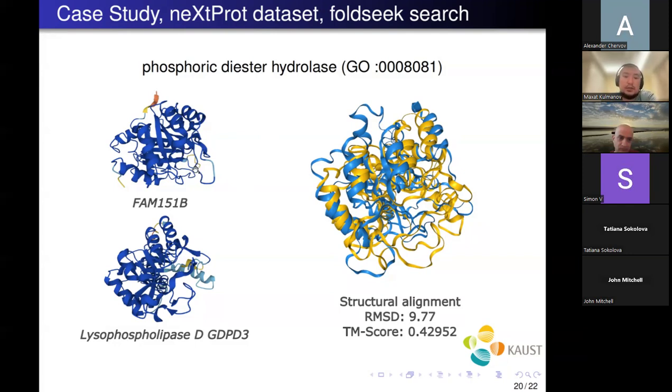So we looked at the structures predicted using AlphaFold, and then we looked at structural similarity to other proteins. The most structurally similar protein to this FAM151B, I think it's not the most, but one of the high scoring proteins was this lipophospholipase, which had this annotation already.